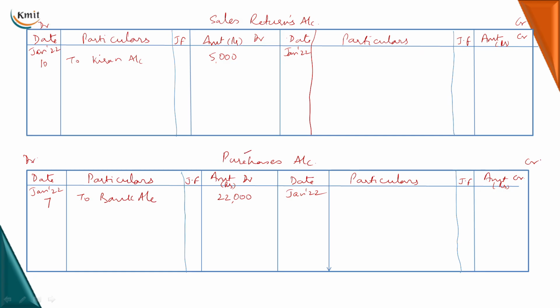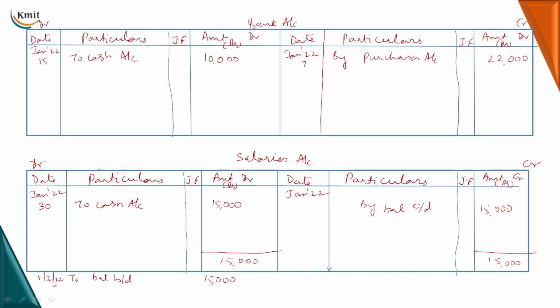Purchases account debtor to bank account. Right? So here the debit entry is done. The credit entry would be in the bank account now. Bank account by purchases account, 22,000.